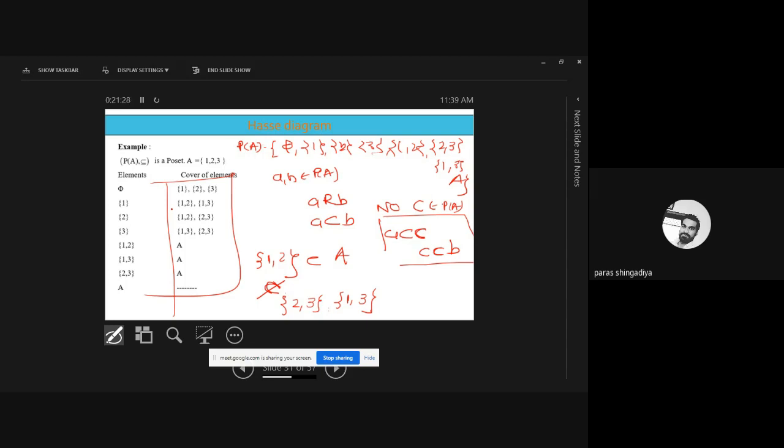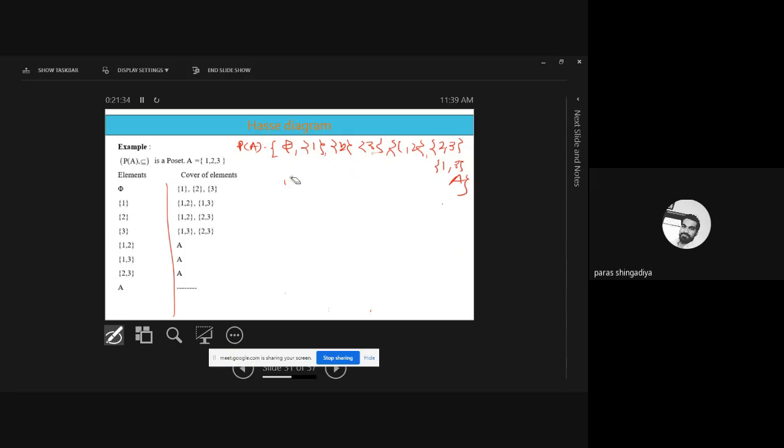Okay. So let's draw the S diagram based on these cover elements. It is already given here, but let's draw it and then we will verify the answer. First, the lowest entry, that is the empty set.